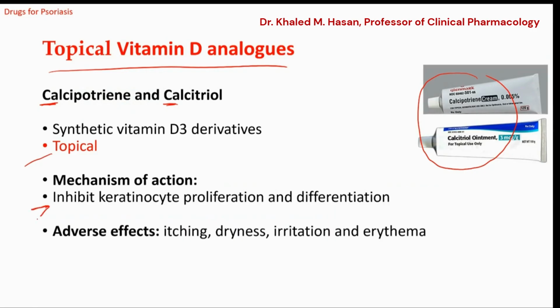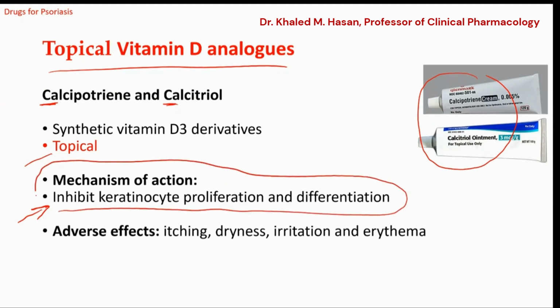They found it inhibits keratinocyte proliferation and differentiation. It may cause itchy skin, dry skin, irritation, erythema, but we need to remember how it works. So we have a vitamin D derivative used for psoriasis by inhibiting keratinocyte proliferation and differentiation.